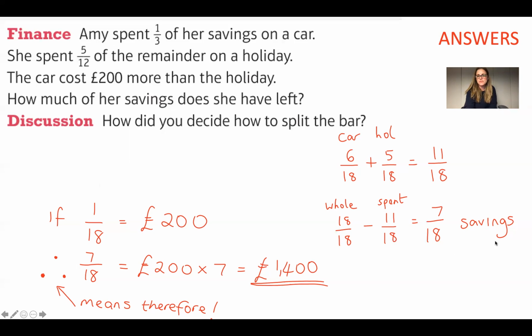We know that the savings she's got left is 7 over 18. So 7 over 18 is 7 lots of £200, which is £1,400. That is probably a bit of a challenging question to do when we are not in the classroom, but I hope you've managed to have a go at it.